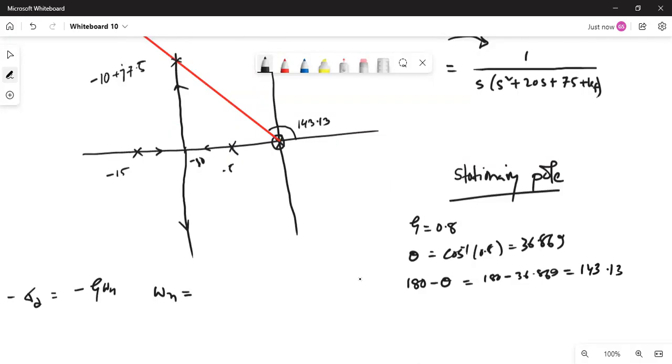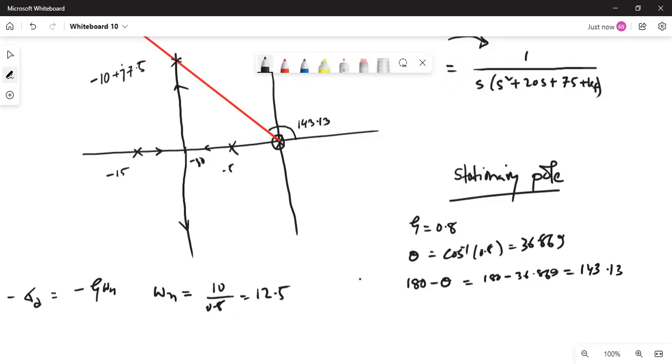This will give you around 10 by 0.8, ultimately 12.5. So now this is the scenario that we are obtaining from this minor loop gain adjustment.